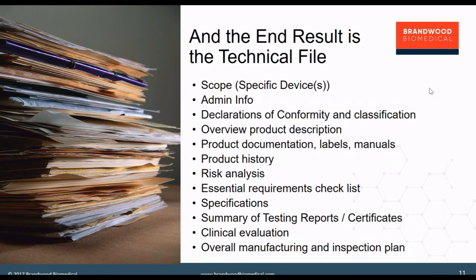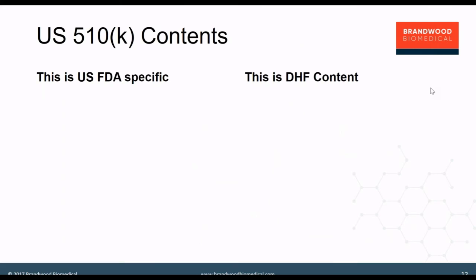So now, as an example, we wanted to illustrate the relationship between the DHF, the technical file, and for example, the 510K content. So 510K is a process which is associated with essentially class 2 medical devices, for most class 2 medical devices in the USA.